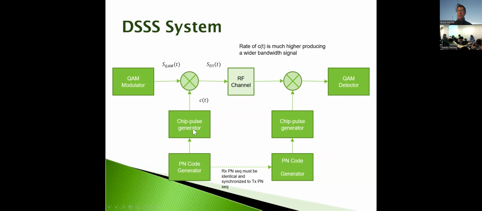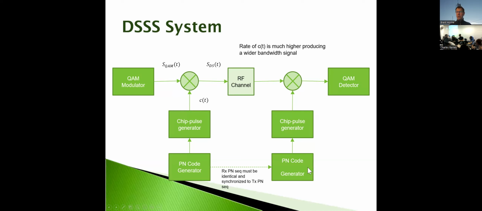This is going to be a code, and this is going to map that code to maybe plus ones and minus ones. Then we multiply that by the symbols coming in from, let's say, a comm modulator here. In this case, the rate of our chipping signal is much higher, and therefore the spread signal has a much wider bandwidth after it's been multiplied.